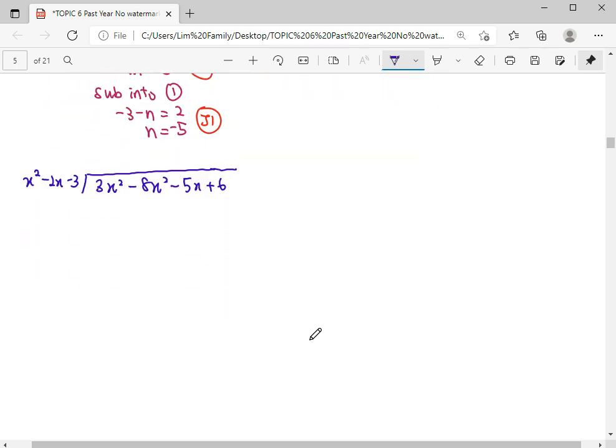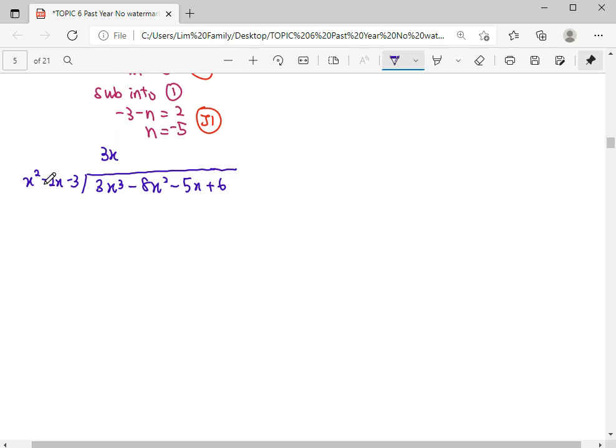So how do we do this long division? We find the multiplier which can cancel this 3x cubed. What value do we need here? 3 divided by 1, so I need a multiplier of 3. You can see x cubed divided by x squared, I need a multiplier of x.